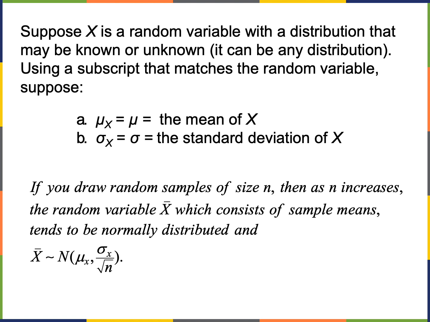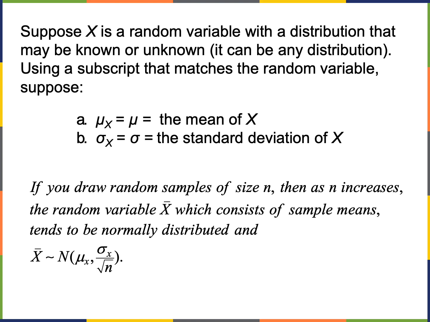If you take many of them, it appears to have a normal distribution with the same mean as the original, but the standard deviation changes a little because you're taking an average. It's the standard deviation of the original divided by the square root of the sample size.